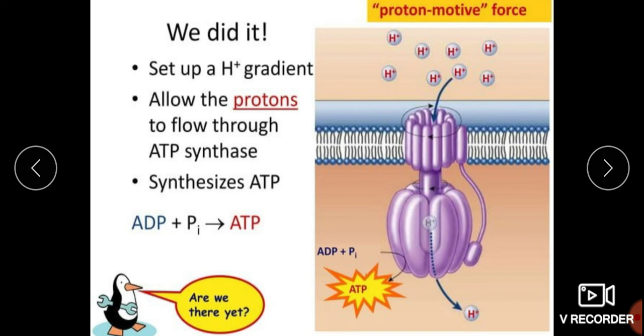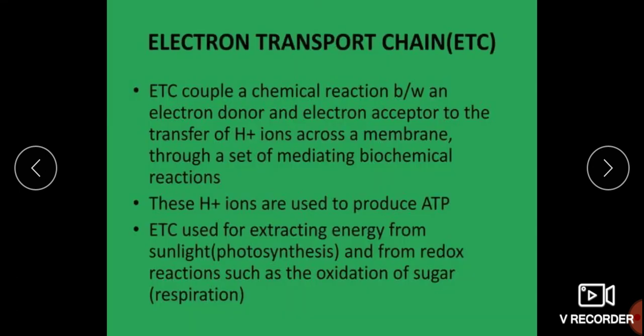This allows the flow of protons, and because of this flow of protons the ADP molecule gets phosphorylated into ATP. So this is the story of why ATP is produced in the electron transport chain.